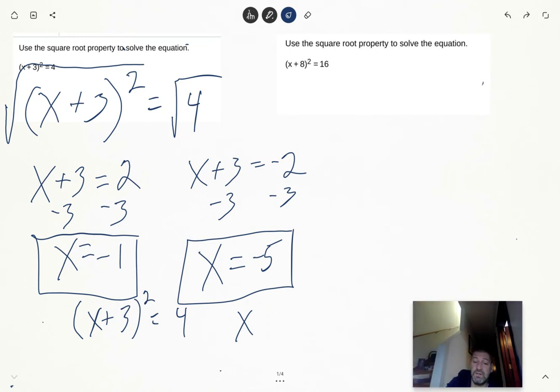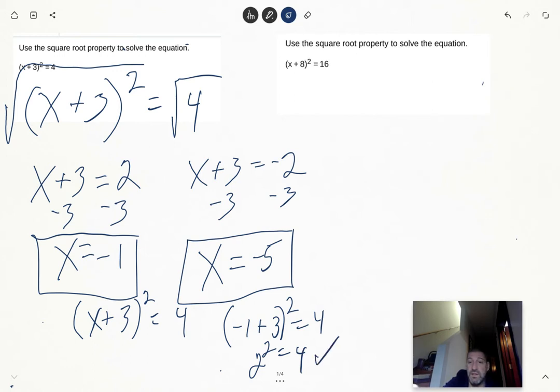Our x is now replaced. So instead of x, we're doing negative 1. So instead of x plus 3, it would be negative 1 plus 3 squared equals 4. And that would give us 2 squared equals 4. And that does check out.